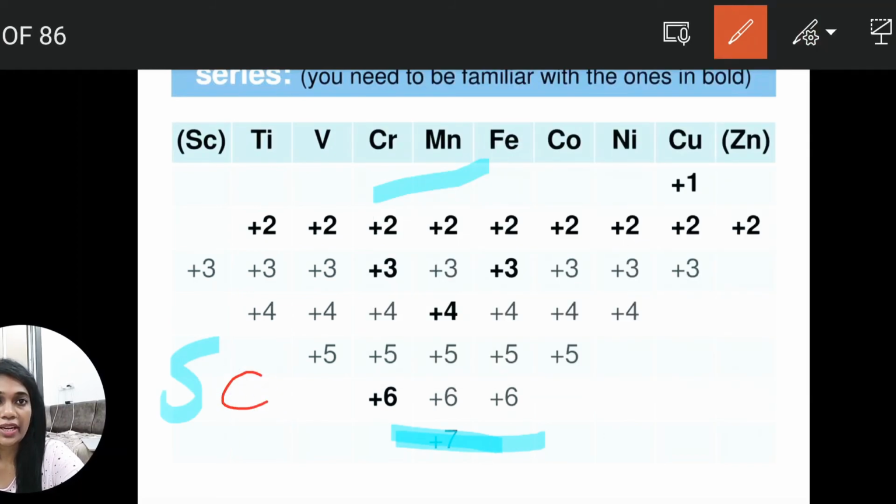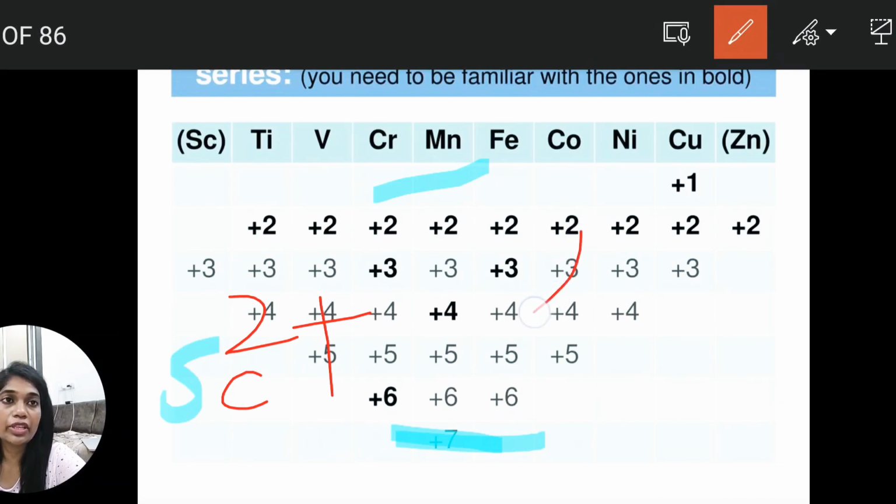In the case of scandium 2+, which electron do we remove first? The question is, from which orbital do we have to remove the electron?